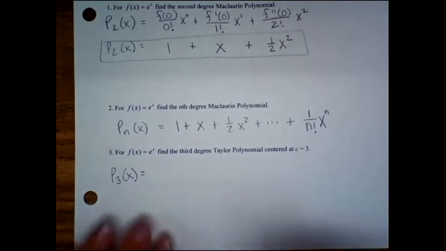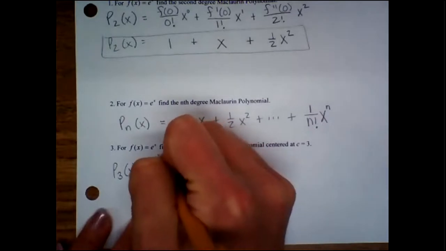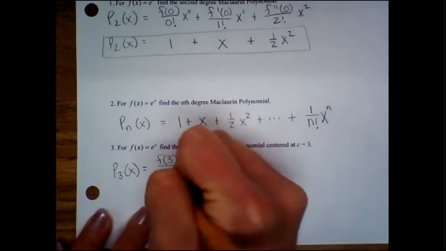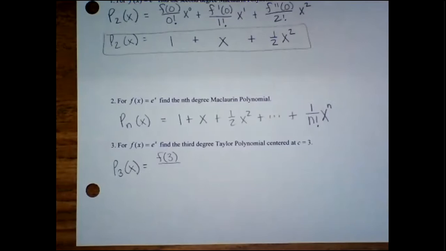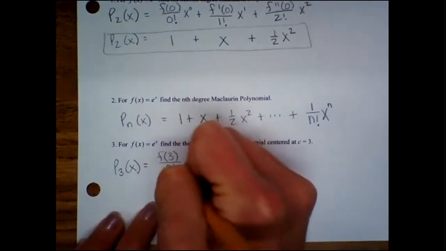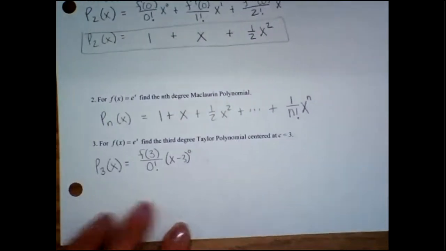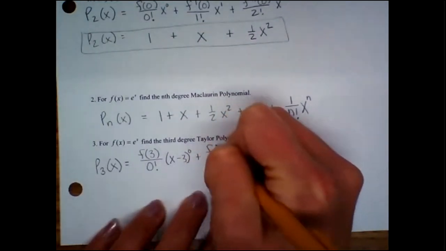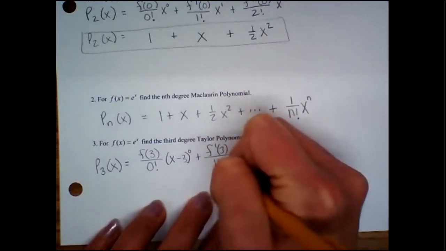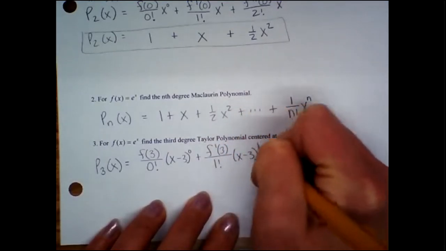All right, so it is going to be f of 3. So the nothing derivative, which is just the actual function, over 0 factorial x minus 3 to the nothing. And then it would be the first derivative at 3 over 1 factorial x minus 3 to the first.